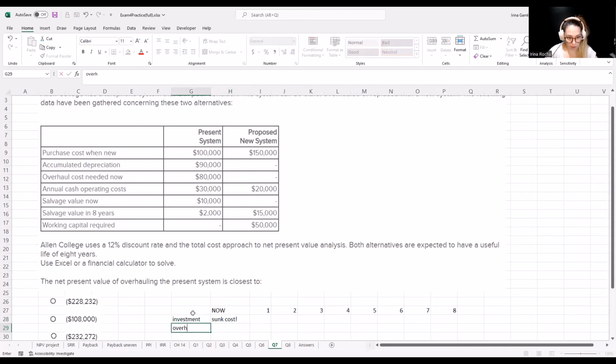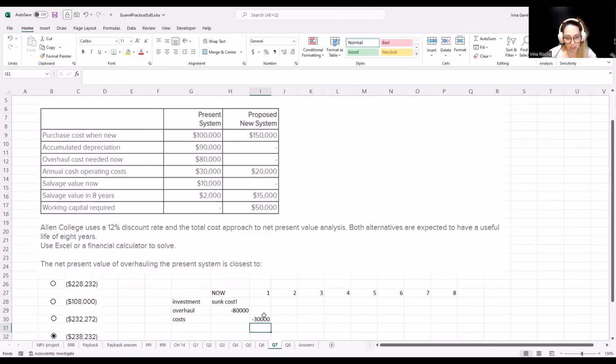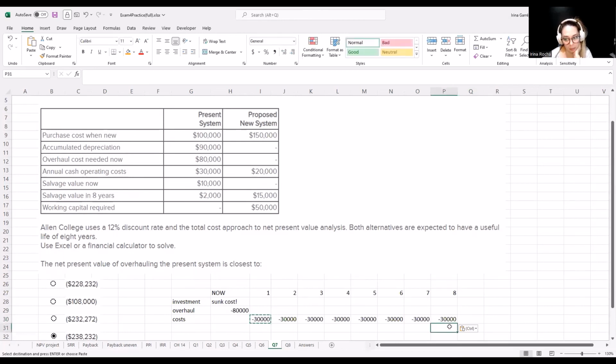So overhaul, that is negative. I'm spending this money, $80,000. Annual cash operating costs, yeah, it's a negative $30,000 every year to operate the system. Salvage value, well, I'm not gonna sell my system now, but I am gonna sell it in 8 years. So I'm gonna put it back here, and that's a positive number, right?